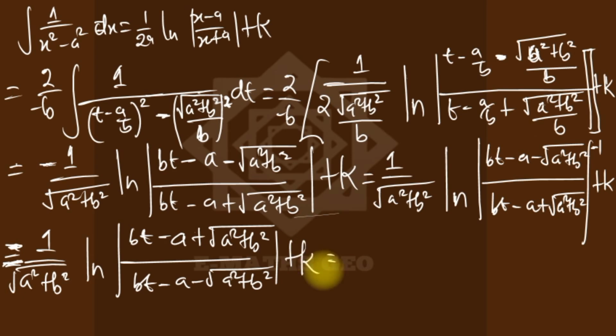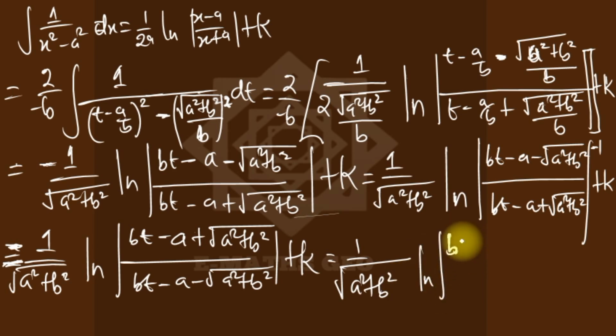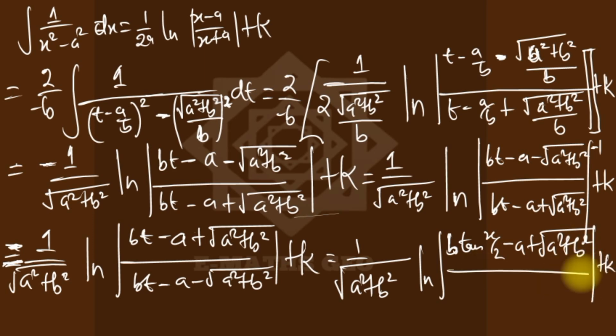But we need to substitute back. Our Weierstrass substitution, our t is tan half x, so the final answer is this ln of, we substitute t as tan half x, b tan half x minus a plus the square root of a squared plus b squared over b tan half x minus a minus that.